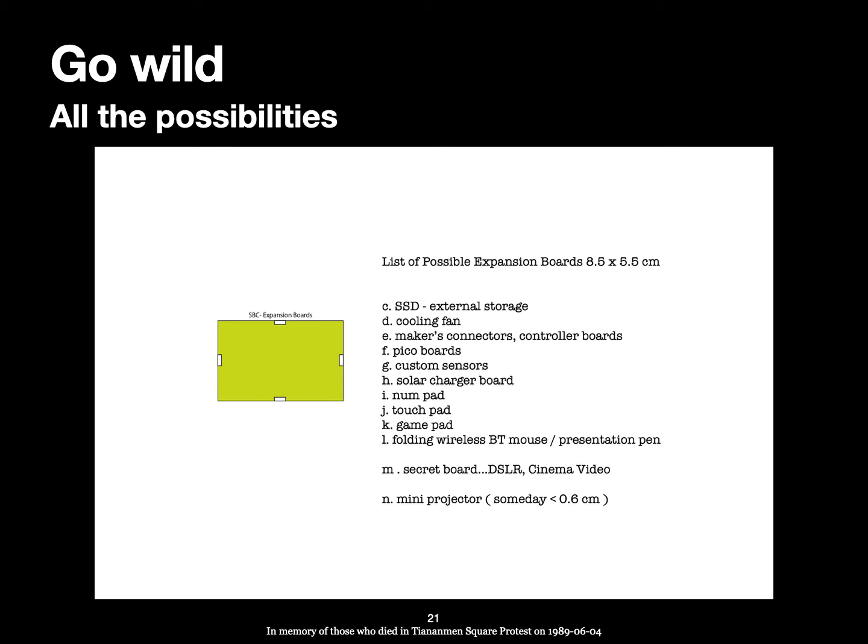And here we have a much easier to read list of the possibilities of these expansion boards, as long as they follow the 8.5 by 5.5 centimeter dimension specification. On top of what we talked about previously, someday we might even be able to fit a mini projector in this casing.